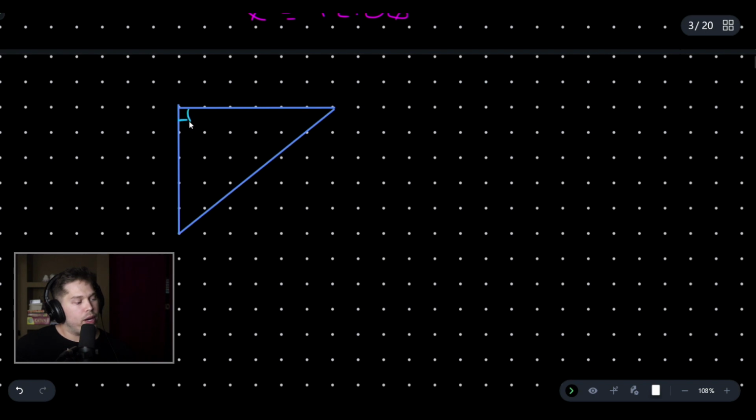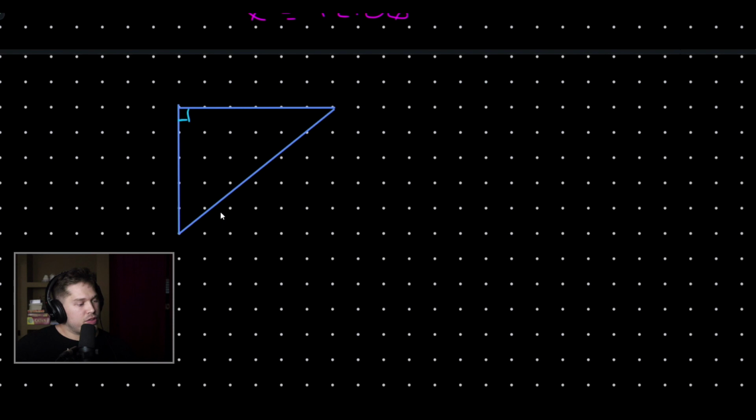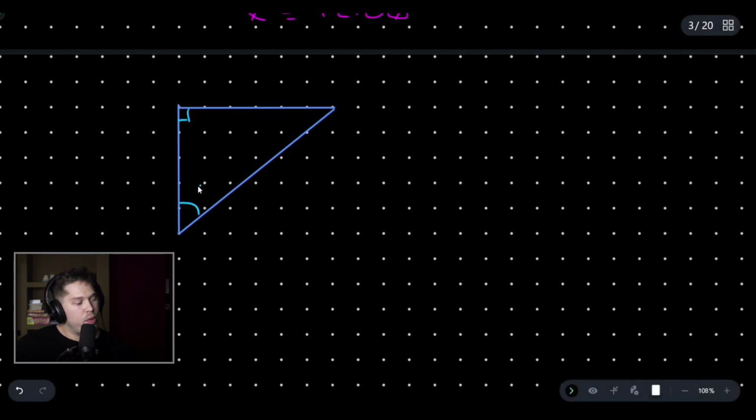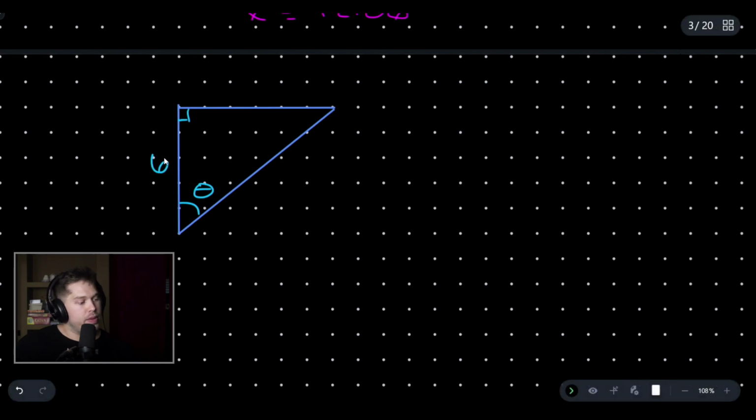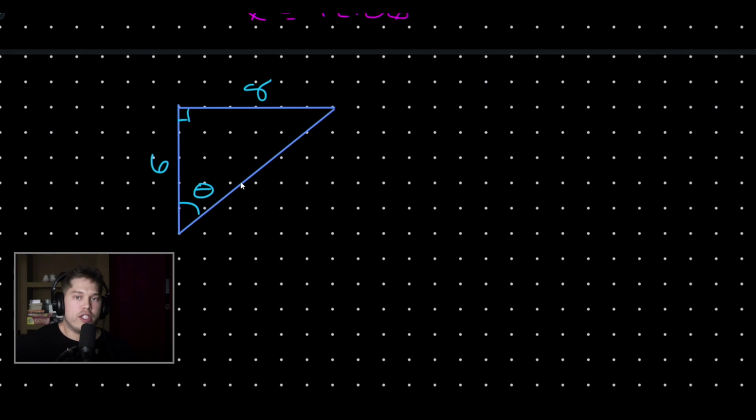We have some unknown angle theta that we're hoping to solve for. And let's say we have two sides labeled. Here we can label this side 6 and this side 8. And we want to know what angle measure theta is. We want a number for theta.